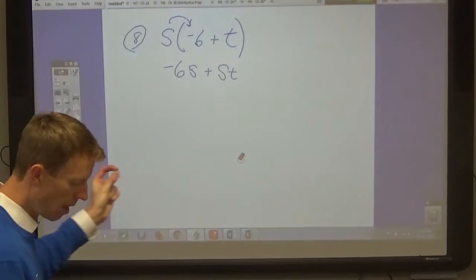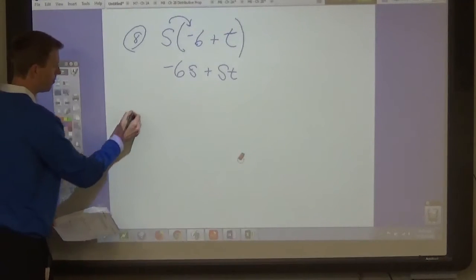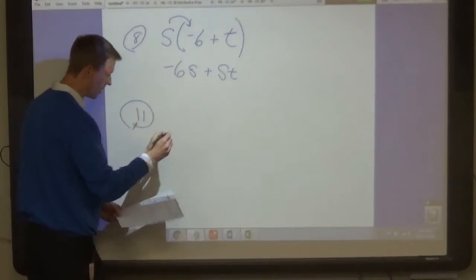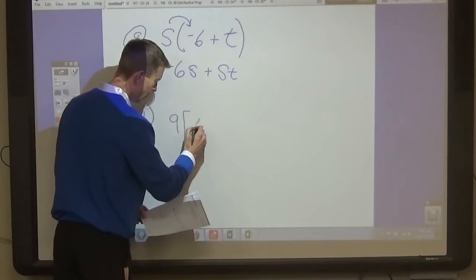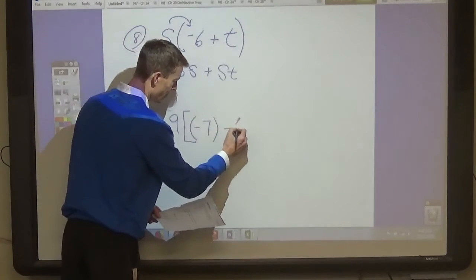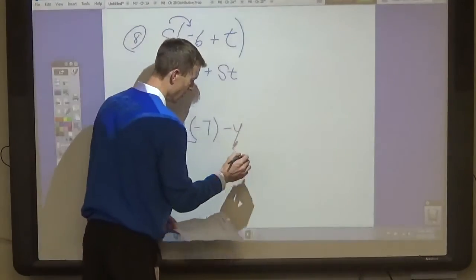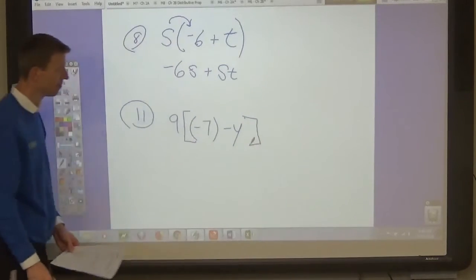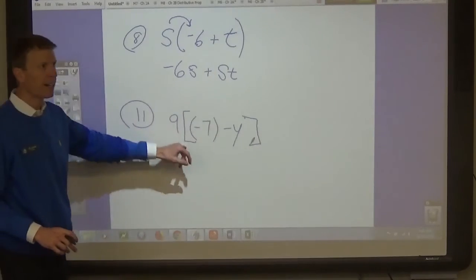Okay? How about these brackets? Number 11. What in the world does this mean? First of all, what do brackets do?